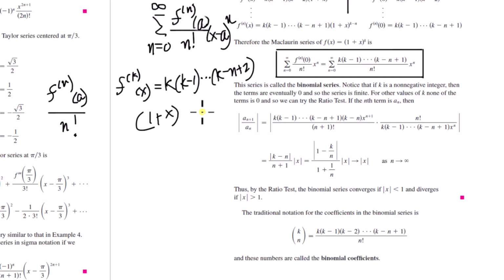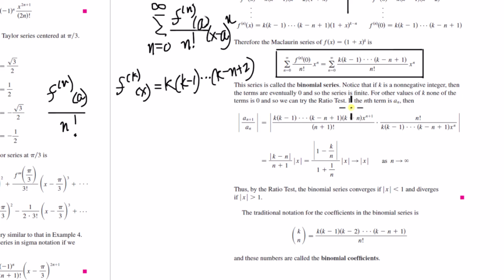It'll just go negative and keep going all the way to negative infinity. So for other values of k, the terms are never 0. So if k is not a positive integer, then we have an infinite series.